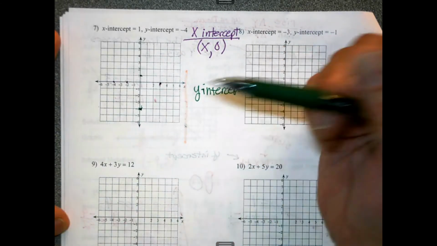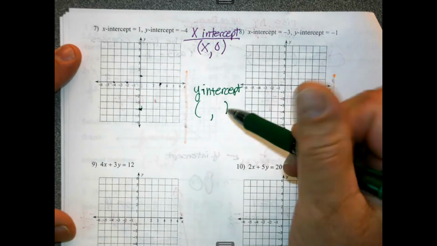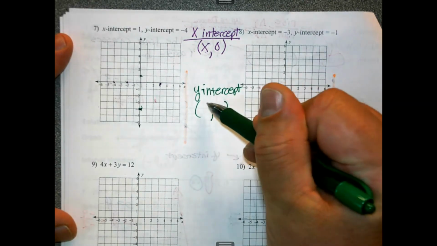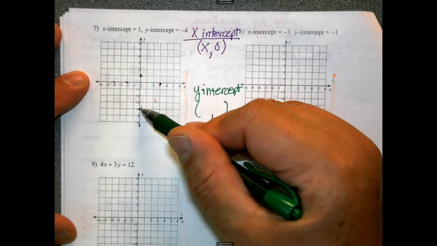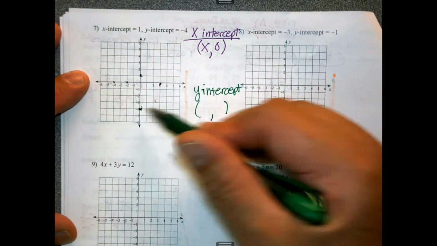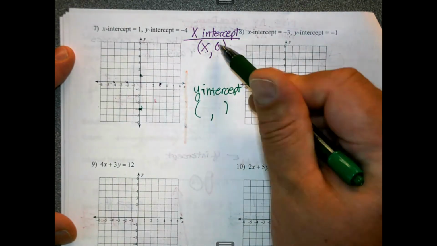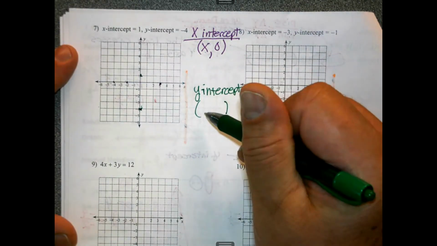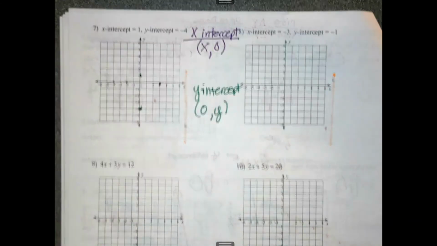What's in common? 0. Which coordinate? Which coordinate is the 0? The first one. We call that the x coordinate, right? So y can be different.